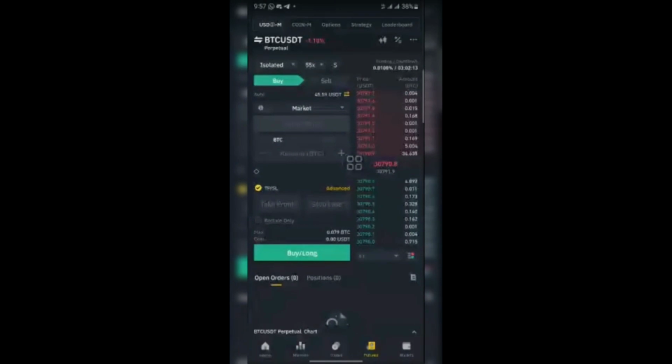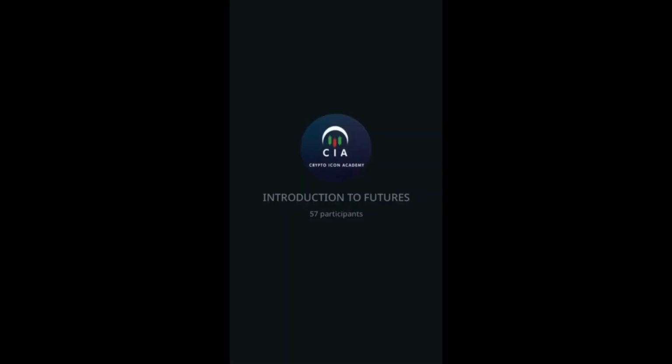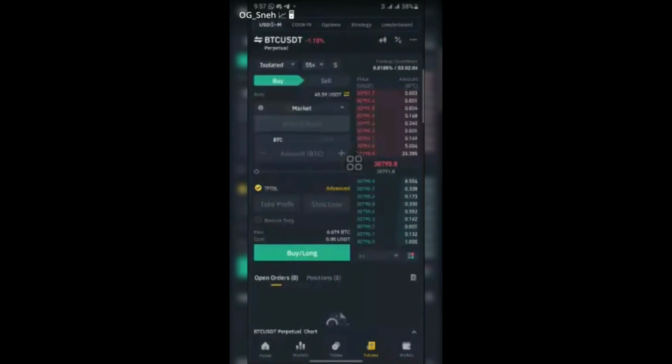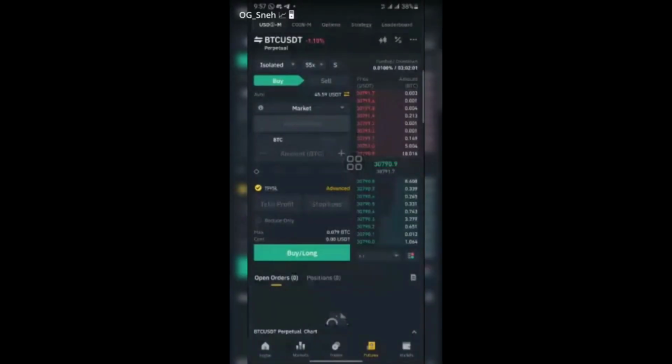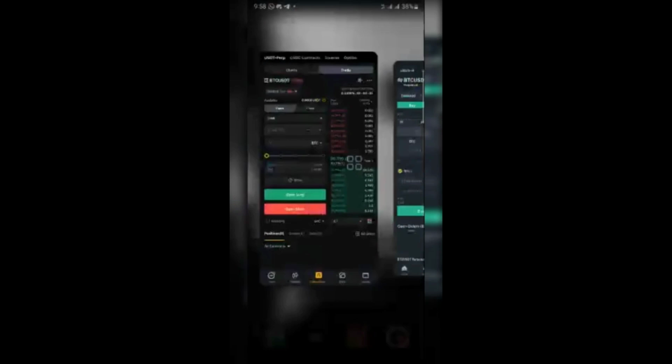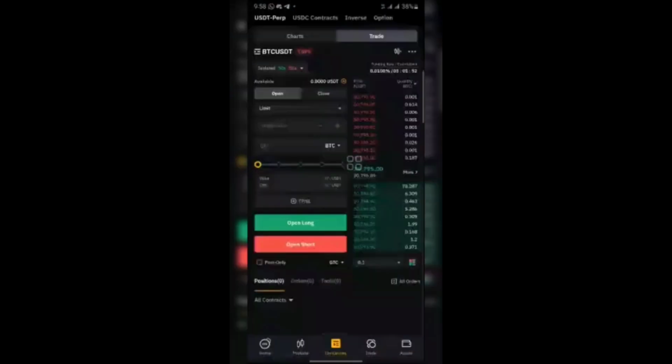But another thing is you can be swinging a long position and just want to scalp on a short. You understand? On Binance, you just have to change some settings again. But Bybit actually gives you the opportunity to do that easily without first changing settings. Do you get it now?